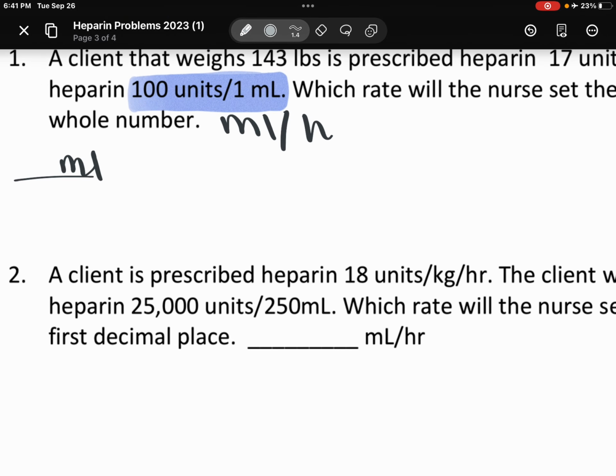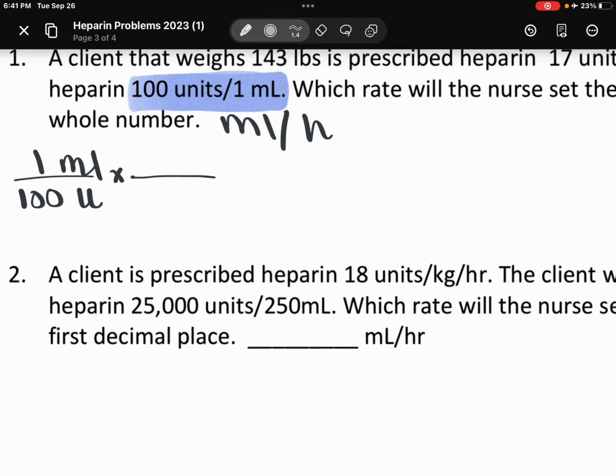So I'm going to go ahead and put my 1 milliliter up here. I know it's on the bottom right here, but for my problem, I need milliliters on top. So I'm going to put my 1 milliliter over 100 units. You use this as one whole thing. You got your 1 milliliter and 100 units.